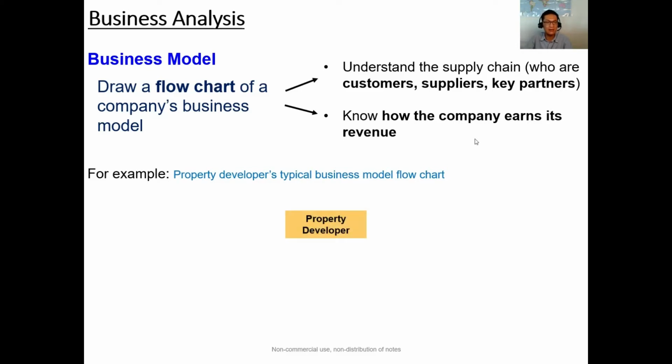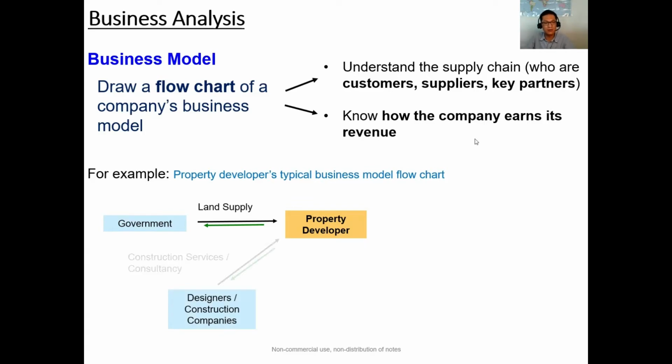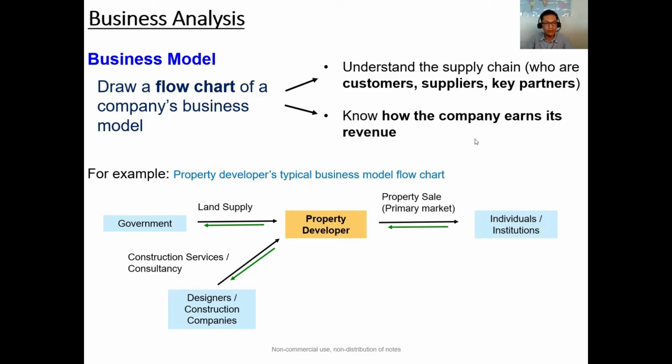So the property developer will get their land from the government, and then once they get the land, they will engage designers and construction companies for their construction services and consultancy services, and then they will help to create the products, which is a building in this case.